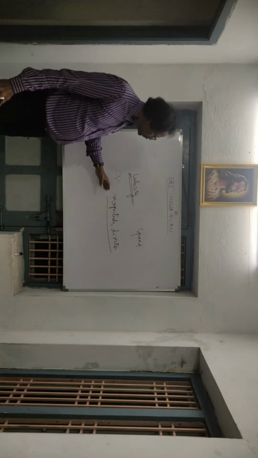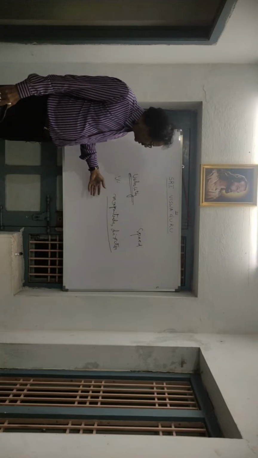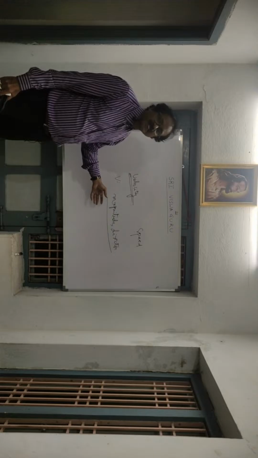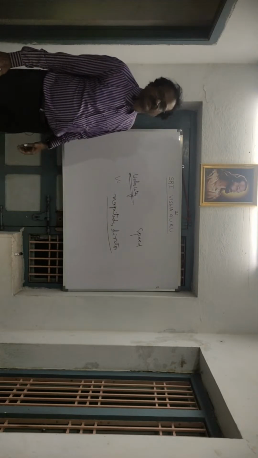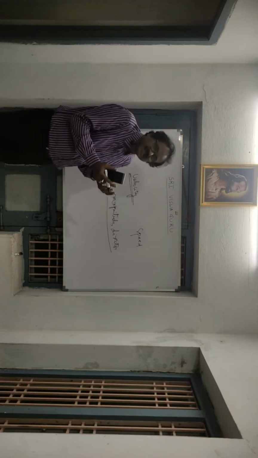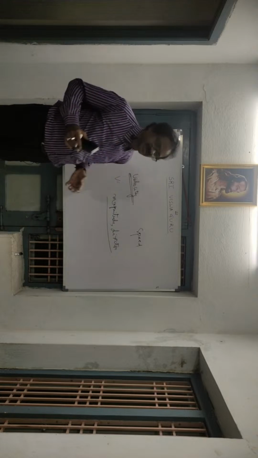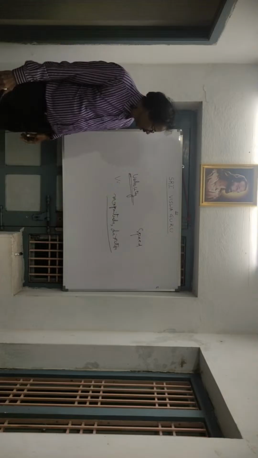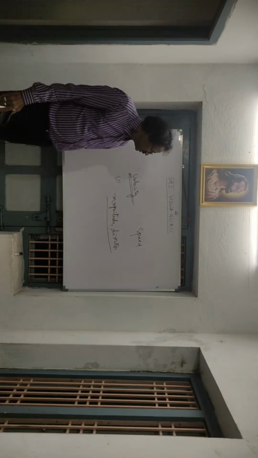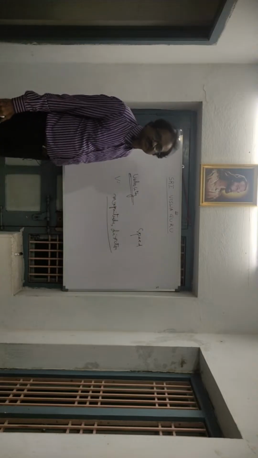What is magnitude and direction? Magnitude means the size of an object, the size or mass of a particular object. That is magnitude. Direction we know. These two are the most important factors in physics.